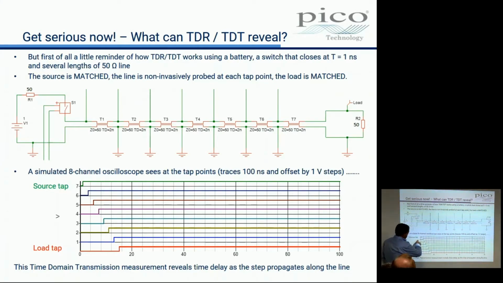And so what we could see in this display is we could see that step travels along the line and comes out at time periods afterwards. It's taking about 14 nanoseconds to get to the end from the beginning, right? 14 nanoseconds along the line. Okay, what's that tell us? Nothing much.